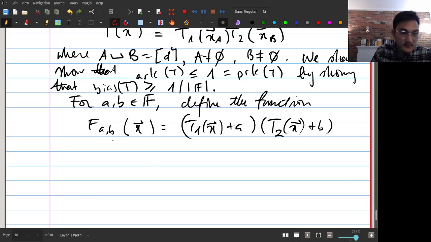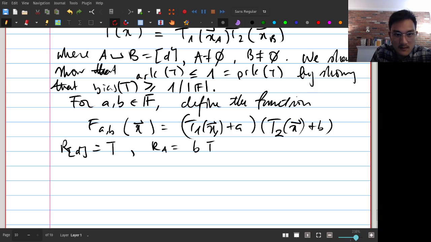Now let's rename all these terms, I mean, there's 4 terms in here. Let's call R_D that one. R_A is t, sorry, this is x_A, this is x_B, because otherwise it wouldn't make sense.